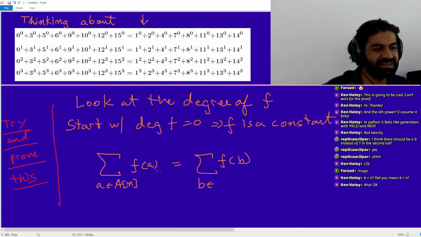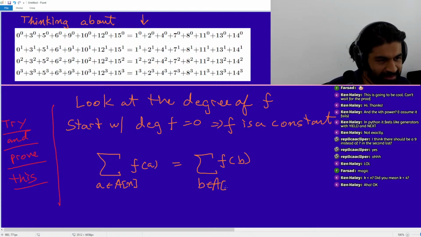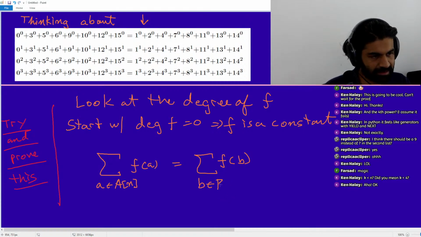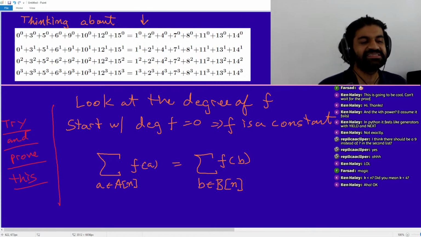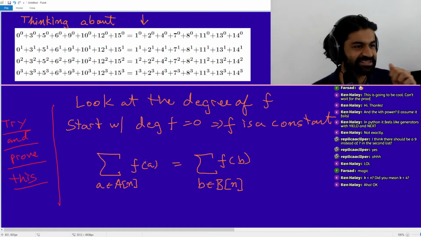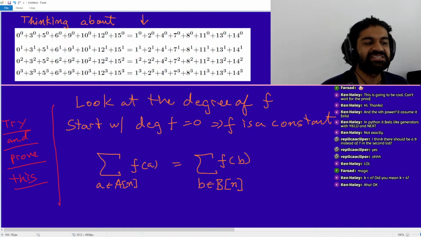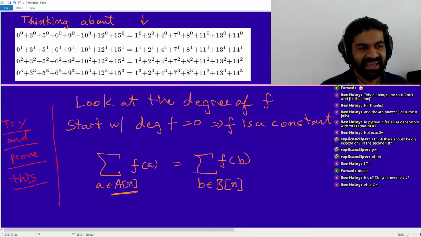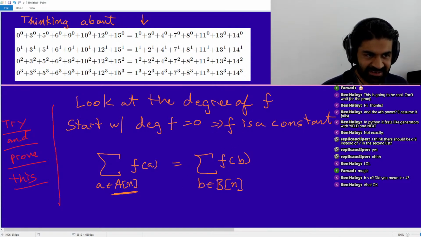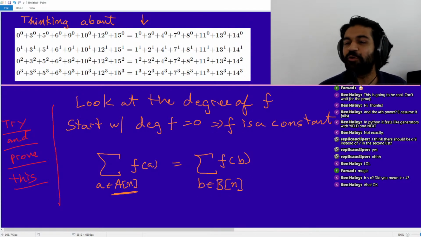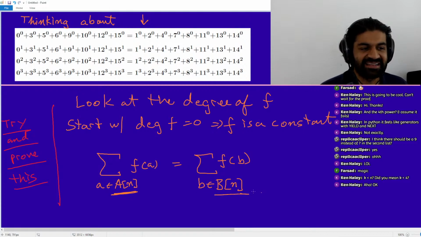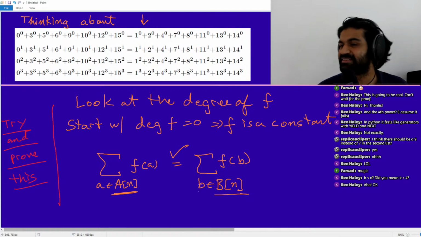Because essentially, the left-hand side is just going to equal the sum of the constant terms in this polynomial as many times as there are terms in An. And the right-hand side is going to be the constant terms in f, however many terms there are in Bn, but we know that the number of terms in An and the number of terms in Bn are the same, so it does work out in this case.